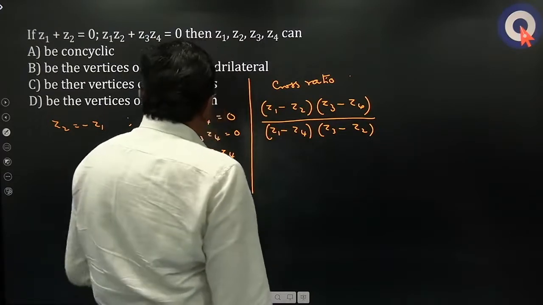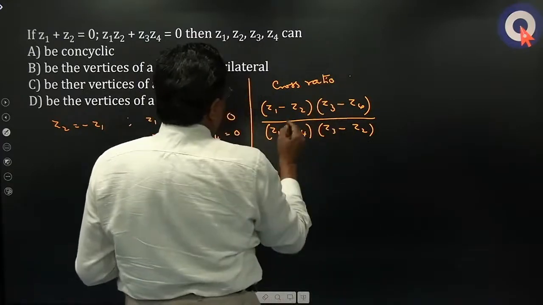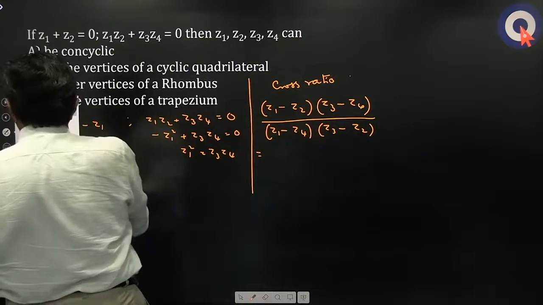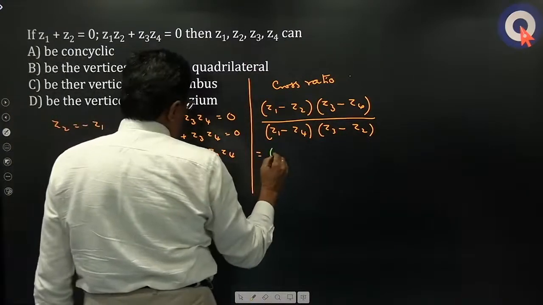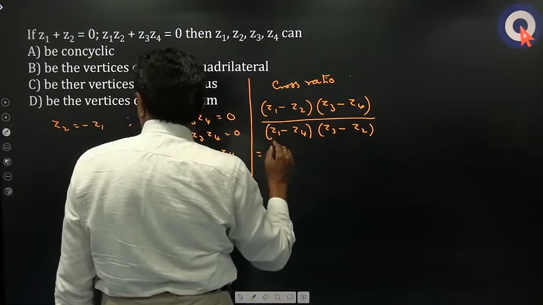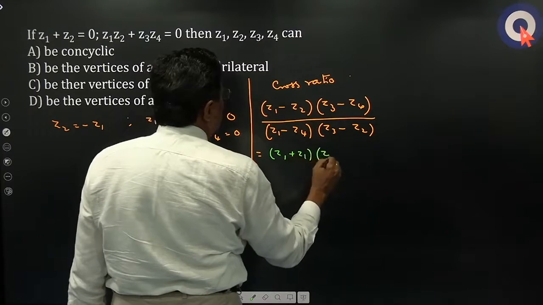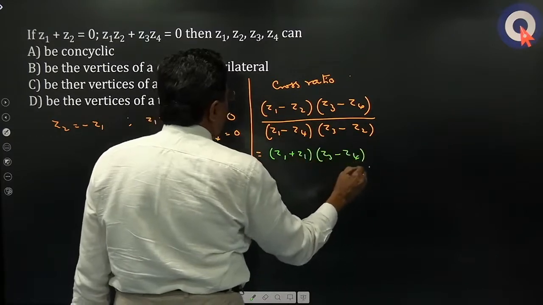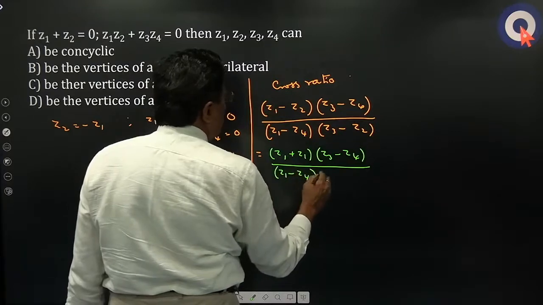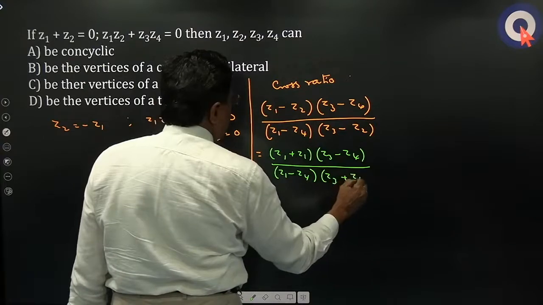So here, this can be written as z1 minus z2, which is minus z1, into z3 minus z4 by z1 minus z4 into z3 minus z2, which is z1 plus z1.